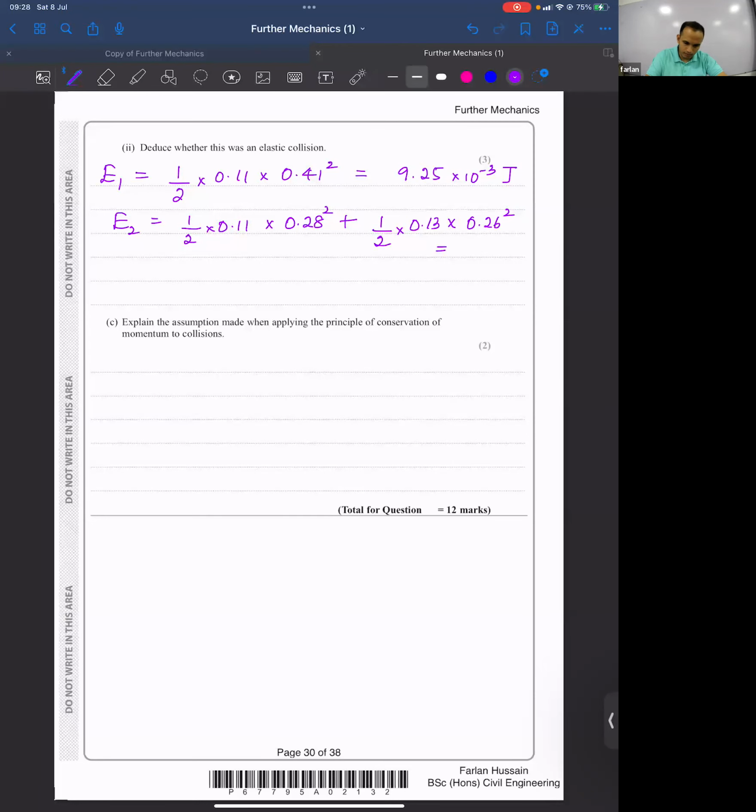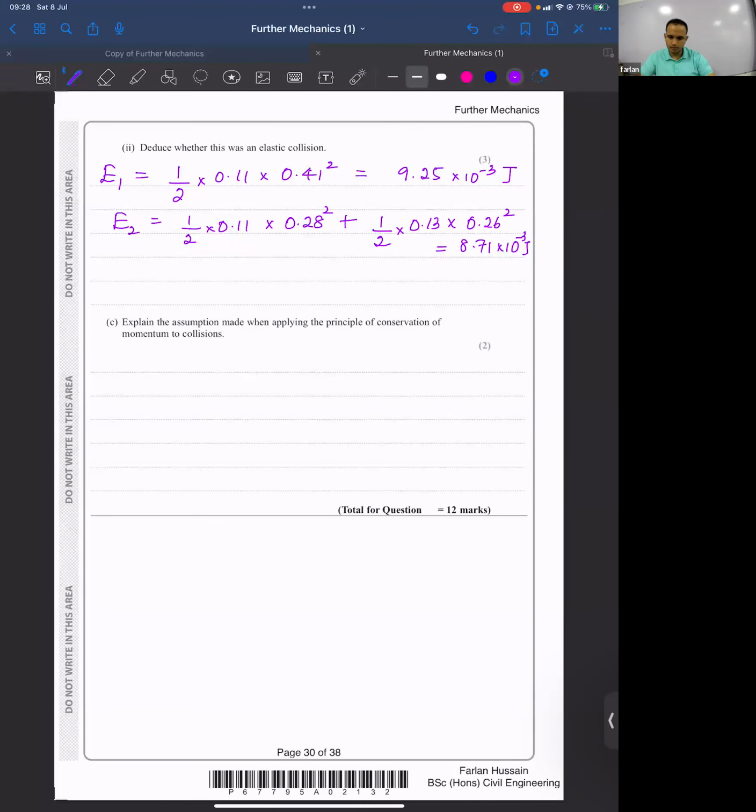E2 is half into 0.11 into 0.28 squared plus half into 0.13 into 0.26 squared. That is 8.71 into 10 to the power minus 3 joules.